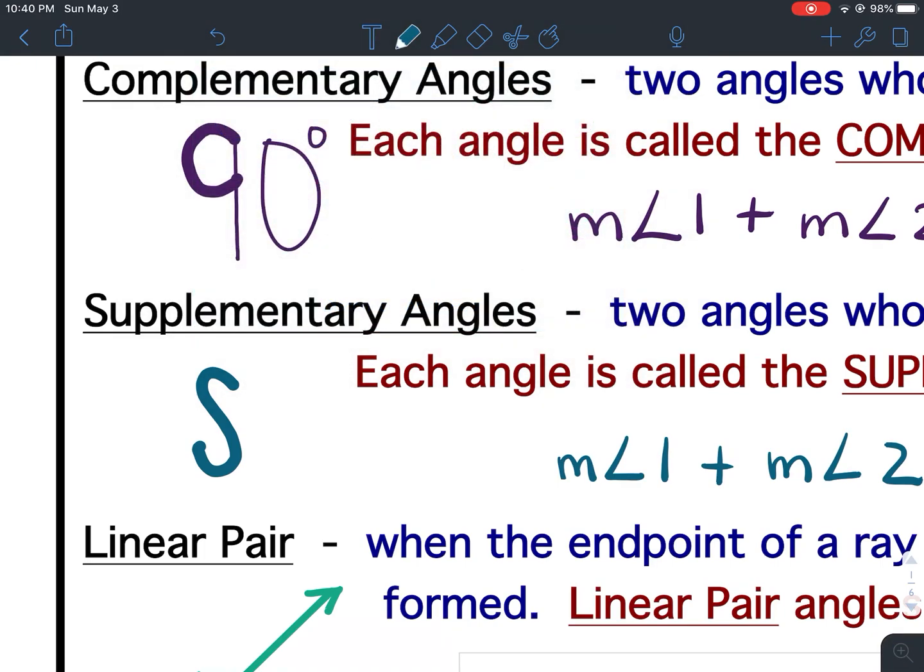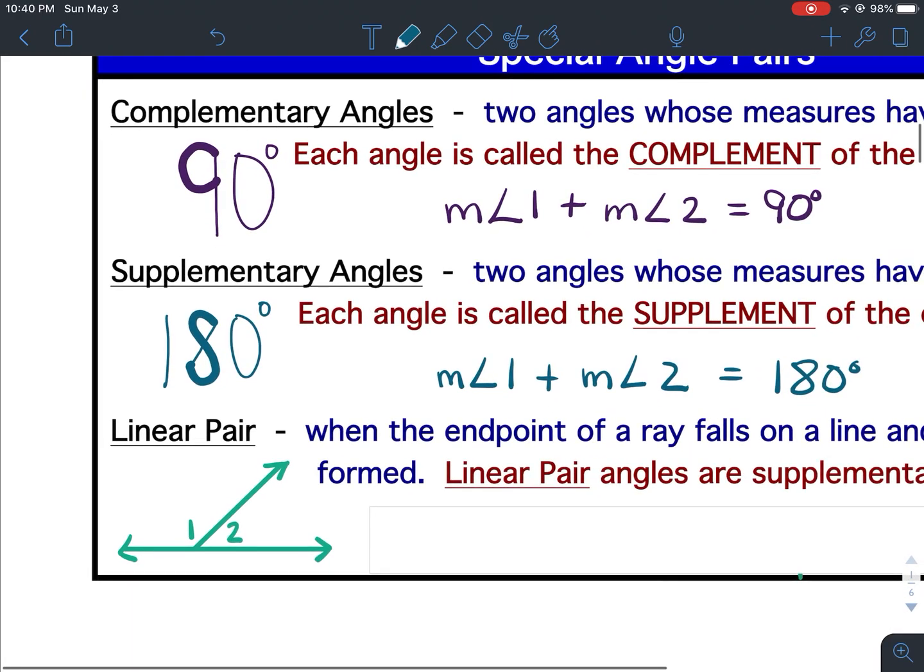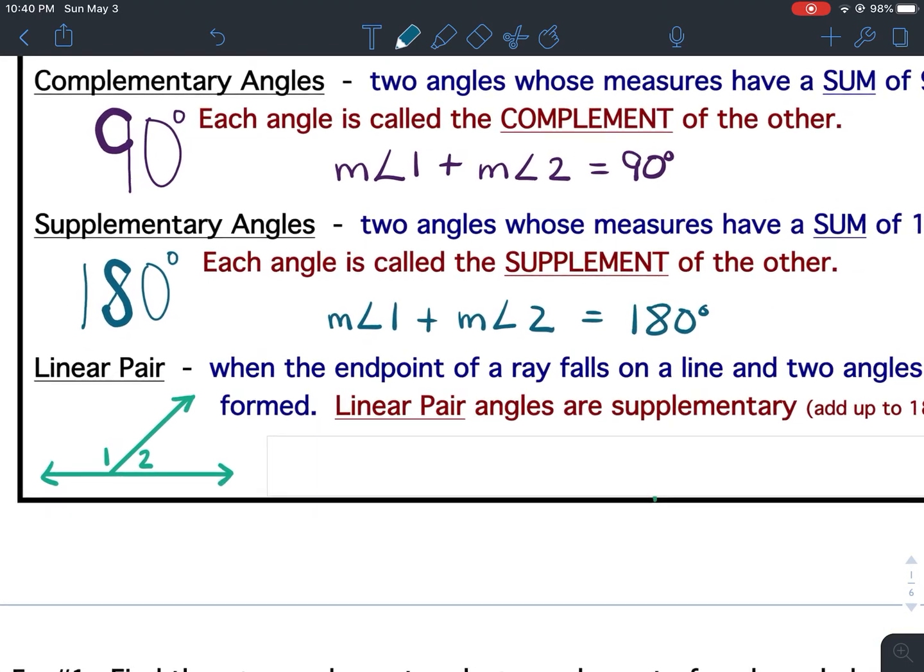For the S, I can draw a line this way, and it turns into 180. So that's just a little way of remembering that if you see the C, it's 90 degrees, and the S is 180 degrees. So complementary is 90 degrees, and supplementary is 180 degrees.